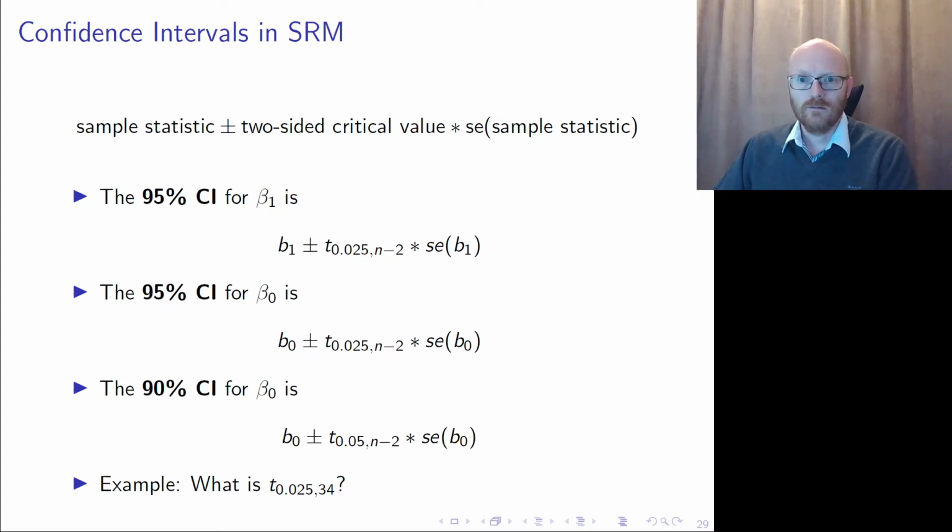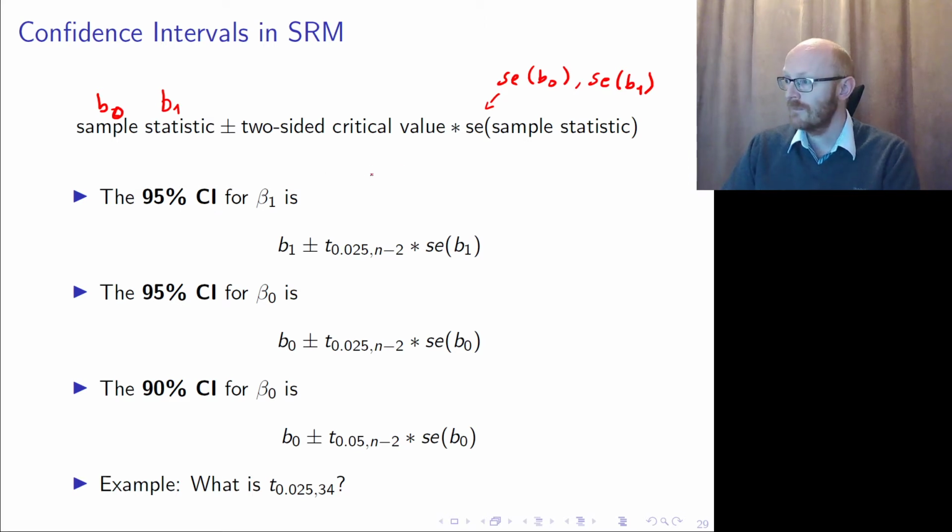Okay, so if we have the sample statistic, for example the B1 or the B2 or B0, we can find the two-sided critical value from the t-table, and we have the standard error of the sample statistic, for example of B0 or of B1.